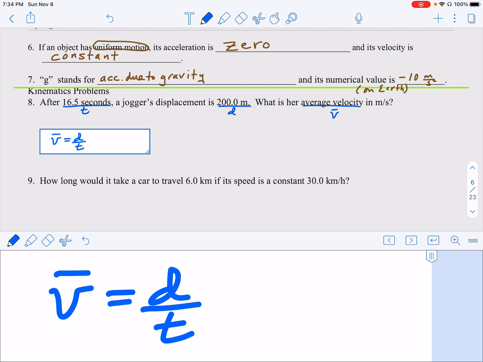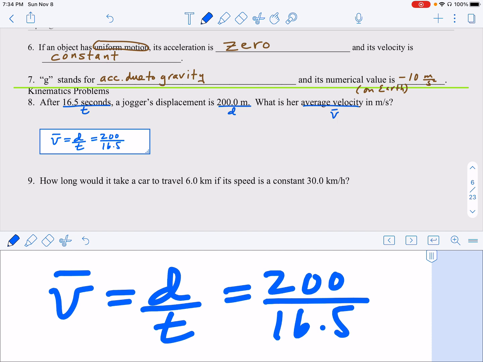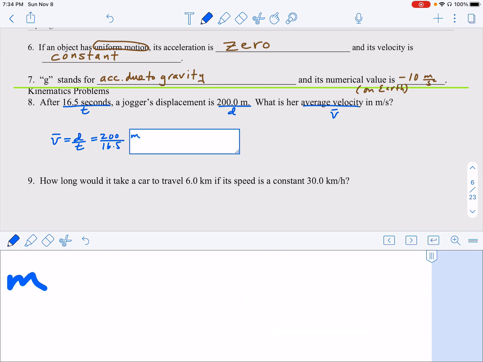So the displacement is 200, and assuming it's positive, the time is 16.5. And whatever that comes out to be, meters per second.